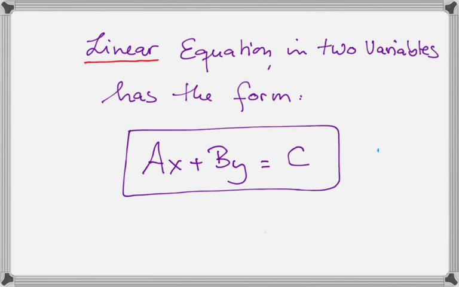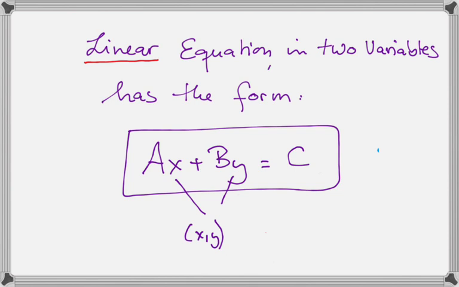A, B, and C are our coefficients, or just real numbers, and then we have x and y, which is our ordered pair, that when we plug it in, hopefully will give us a true statement.